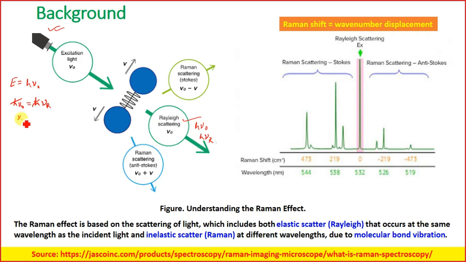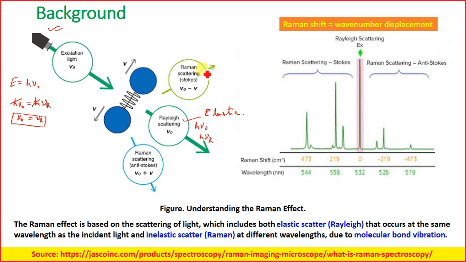That means the frequency of the incident photon and the frequency of the Rayleigh scattered photon are the same. In addition to this elastic scattering, we have inelastic scattering also.